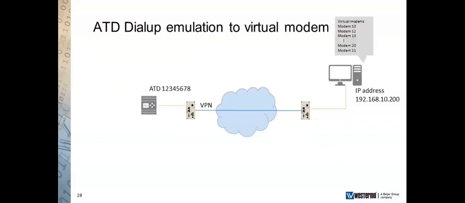You can actually go one stage further, in that you can run another piece of software, called a modem emulator, on the SCADA or the DCS or whatever system you're using for your dial-up messaging or data gathering. That pretends to be a whole bunch of modems at an application layer.